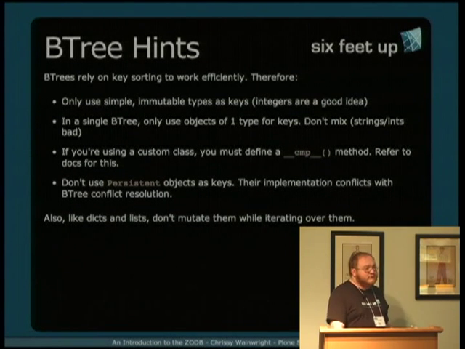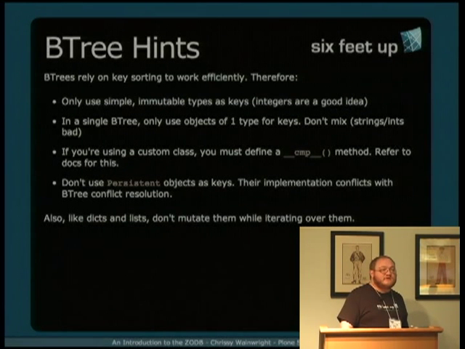Something else to be aware of, like dictionaries and lists, if you're iterating over it in a for loop, you shouldn't delete items in the middle of it. It's not as strict as Python is with the standard dictionary and list types, but it will cause problems because your iteration won't know where it's at if you start deleting items out of it.